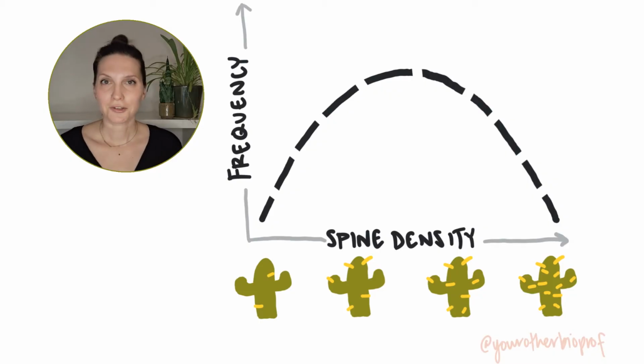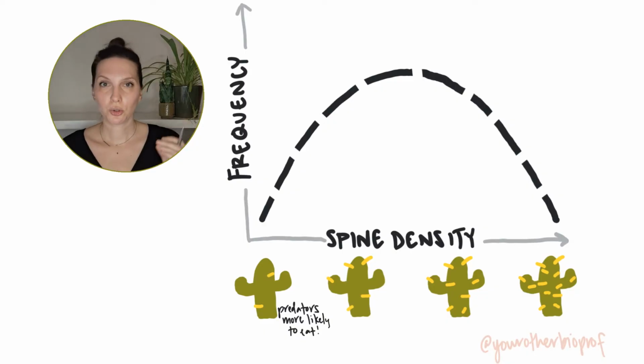Let's look at three types of natural selection. So we'll start with a population of cacti. And in that population, there is variation for how densely packed the spines are on the cactus. Spines on the cactus deter predators. So having a higher density of spines means you're less likely to be eaten by a predator.